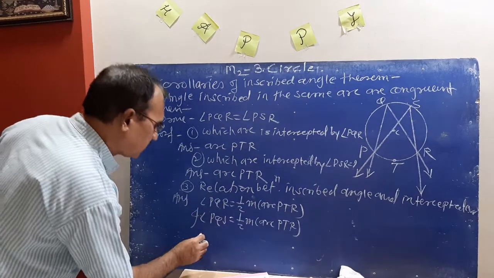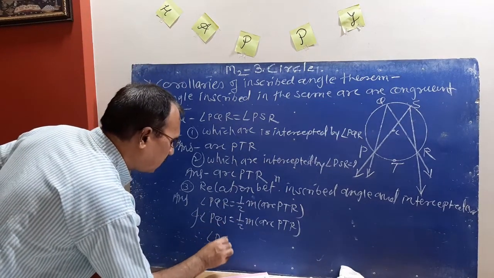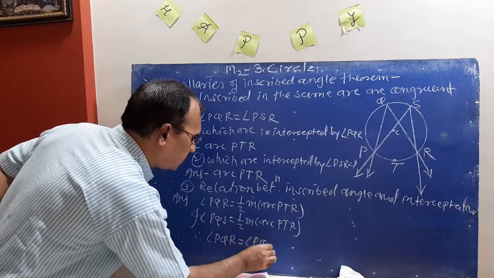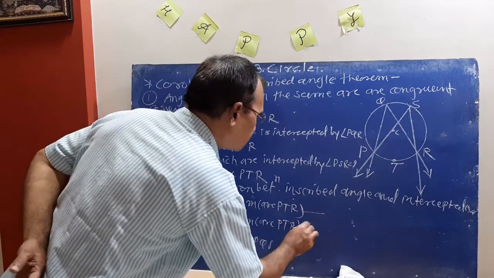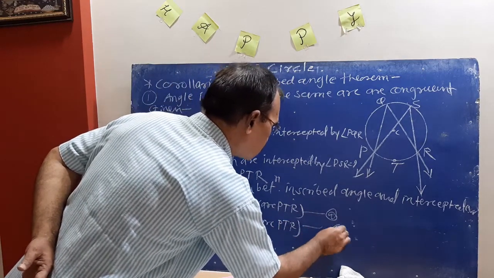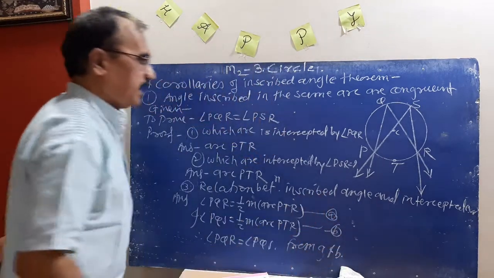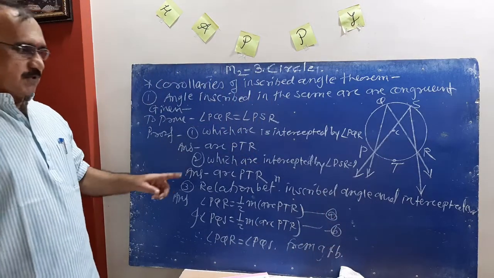That means these two are equal, and therefore angle PQR is equal to angle PSR.